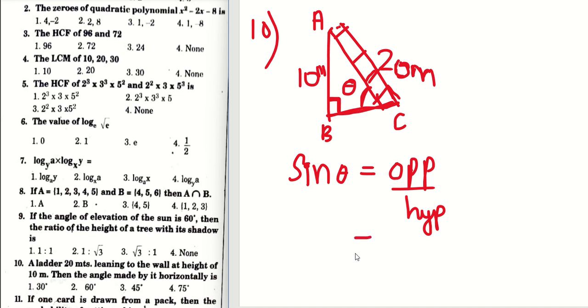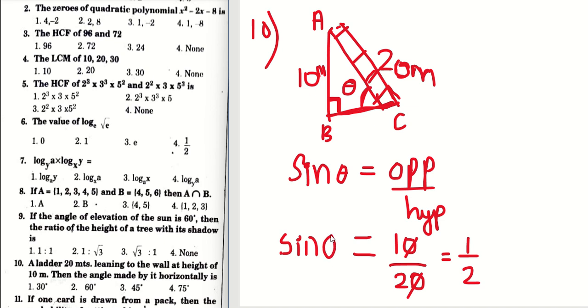So what is the opposite side over here? It is 10. 10 by hypotenuse, 20. So the 10s will get cancelled, obviously 1 by 2. So sine theta is 1 by 2.